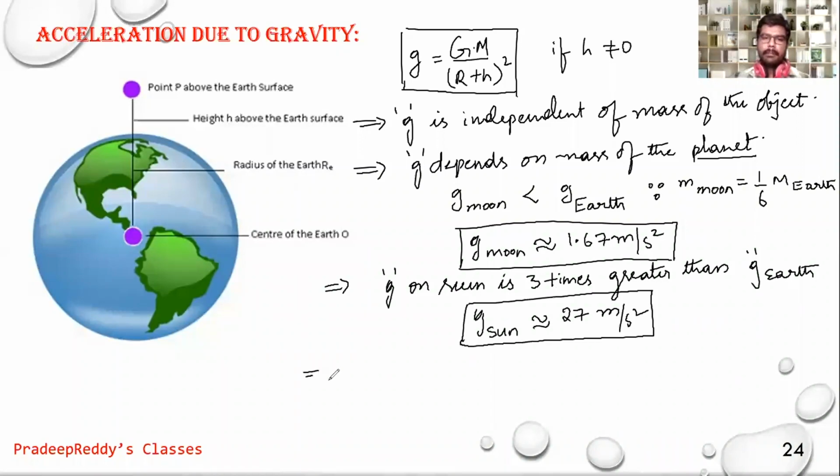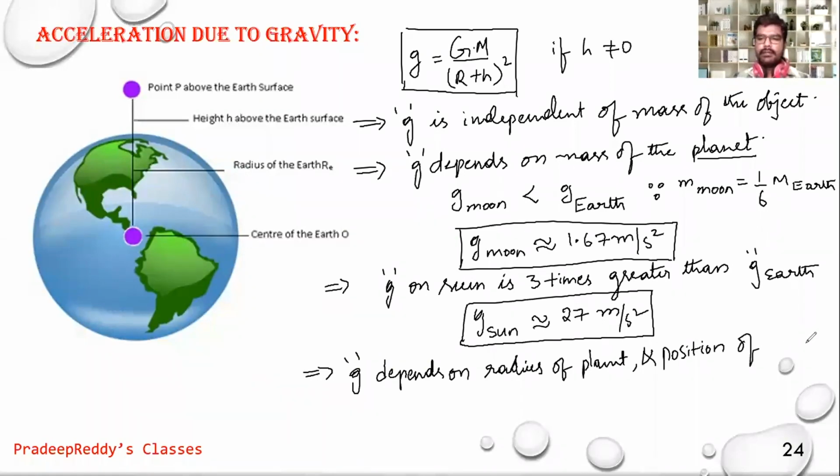Okay, next. Acceleration due to gravity depends on the radius of the planet and the position of the object from where it is left.